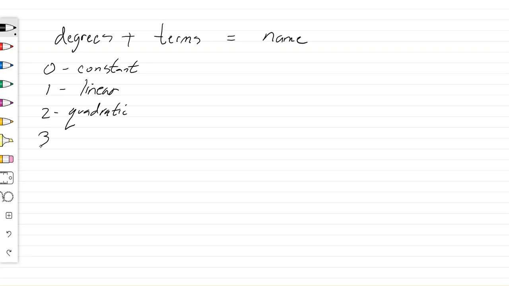If you have 3, we refer to that as cubic. If you have a 4th degree, then we could refer to that as quartic. Some people don't like to use that word, so they just use the 4th degree.